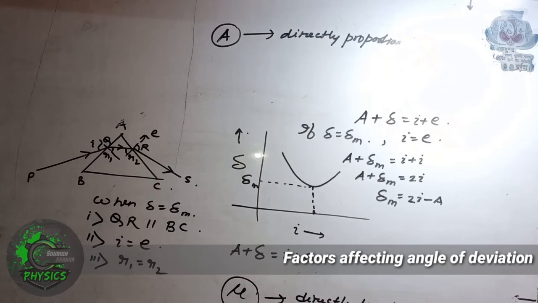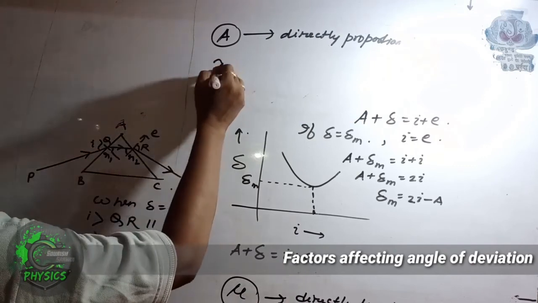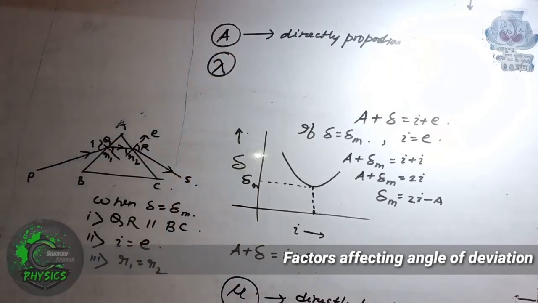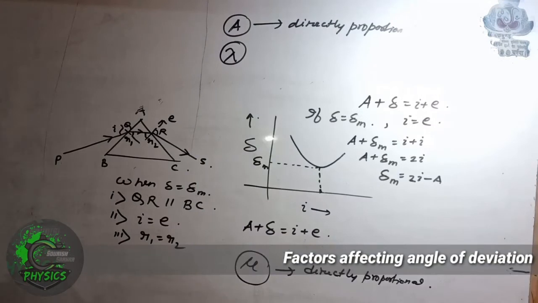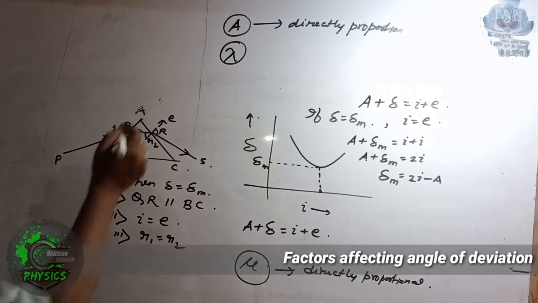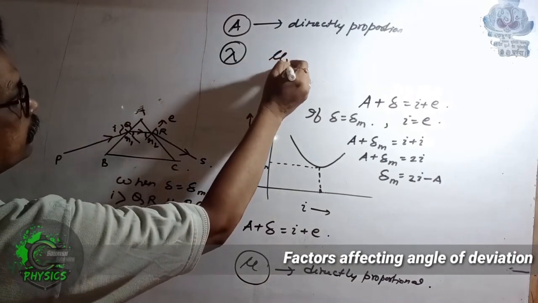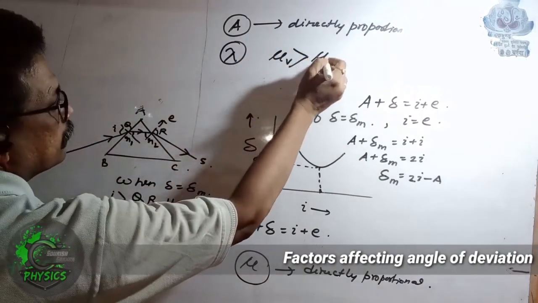Now the next factor is lambda, that is wavelength or color of light. The refractive index of a given transparent medium is different for light of different colors. It decreases with the increase in wavelength of light. Thus, the refractive index of the material of the prism for visible light is maximum for violet, that is, mu violet is greater than mu red.